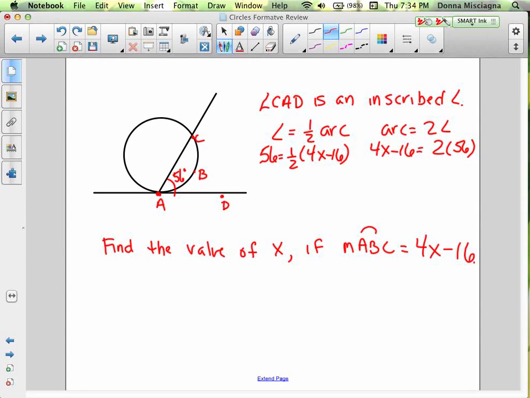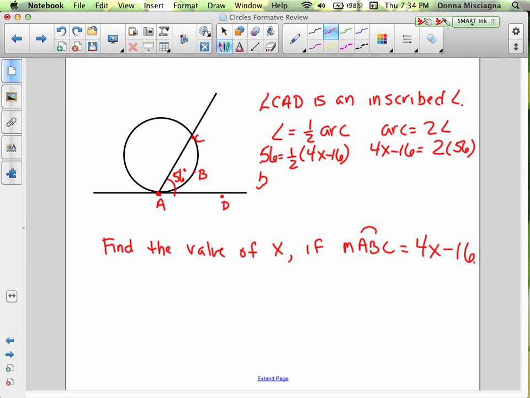This time we won't get a fraction when we distribute the 1/2, so it doesn't matter. If you have two even numbers, it doesn't matter if you set it up angle equals 1/2 the arc or arc equals twice the angle. If you have an odd number, it'll be a little easier if you set it up as arc equals twice the angle. And I'll show you here, we're going to get the same answer.